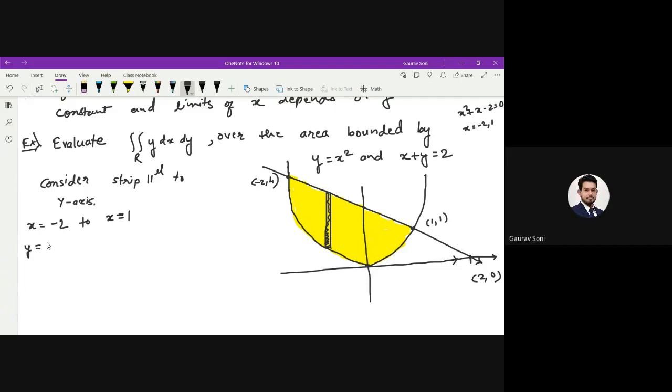Yes, sure. 0 to 4. No, if we talk about this shaded region, otherwise it's 0 to infinity. Aditya? Sir, 4 to 2 minus x. Sure.